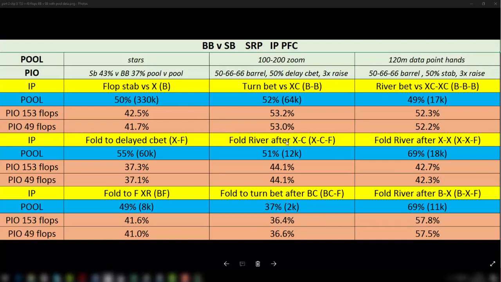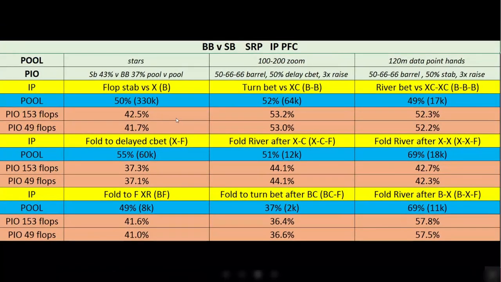So let's focus on the gap then between the pool data, the blue rows, and the solver data in the orange rows. So for the flop stab number, where we saw there was a 0.8% deviation between the 153 flop subset result and the 49 flop subset result, the gap between what the pool's doing is 8%.